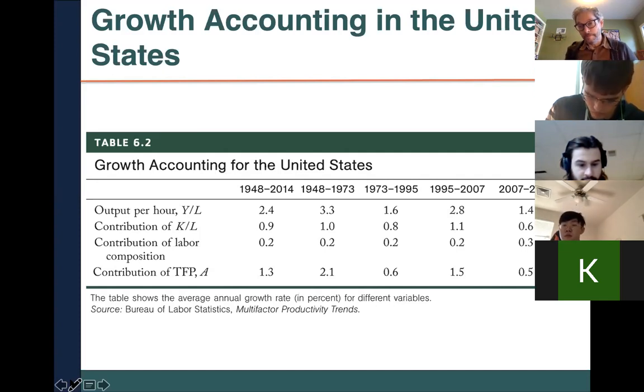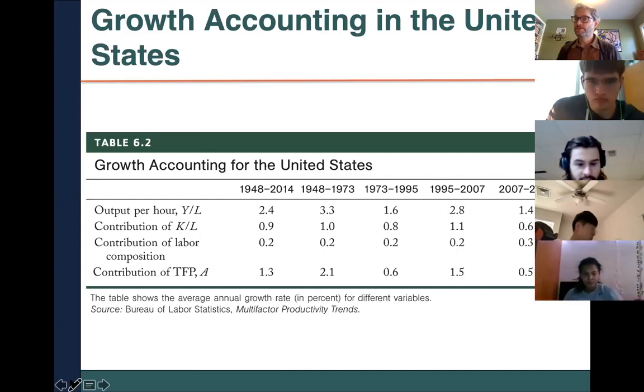Capital accounts for about 40% of growth. Labor, only about 10%. Why is labor so small? The reason is that when you talk about labor, you're talking about humans, right? So most of this labor contribution is caused by things like changes in labor force participation. But those change very, very slowly over time, right?